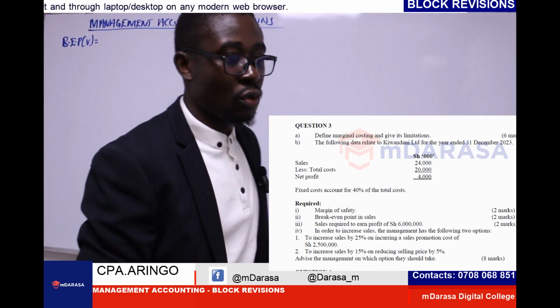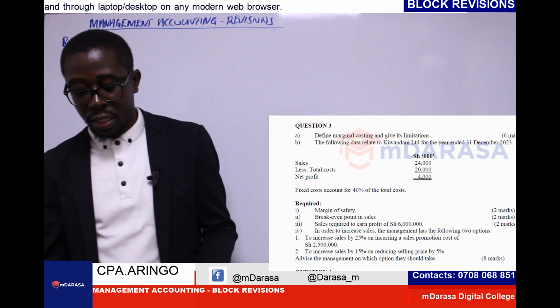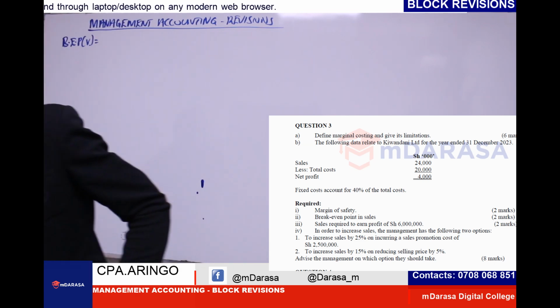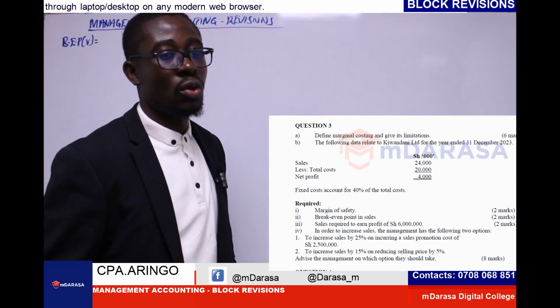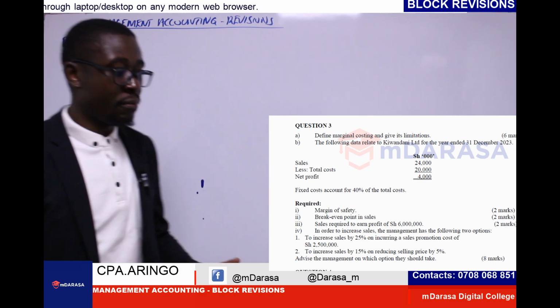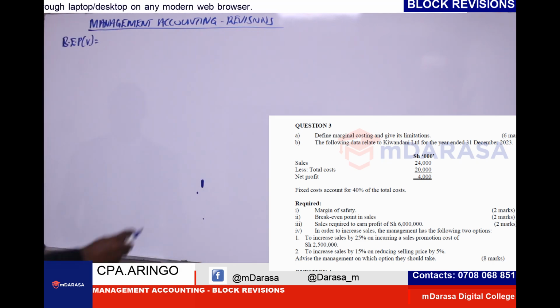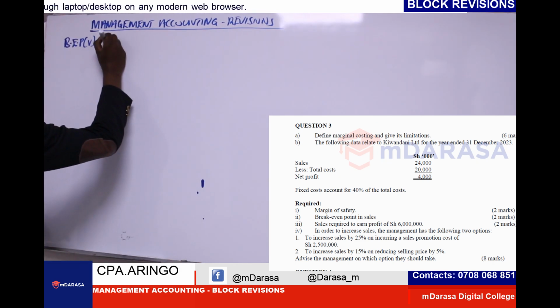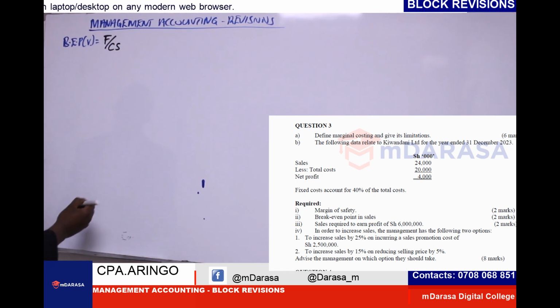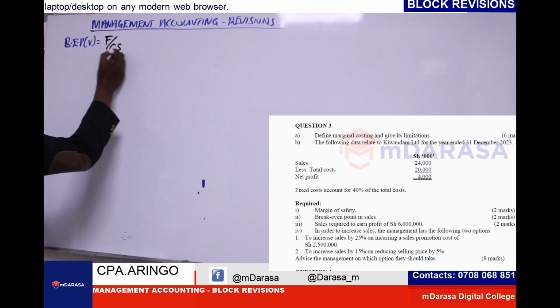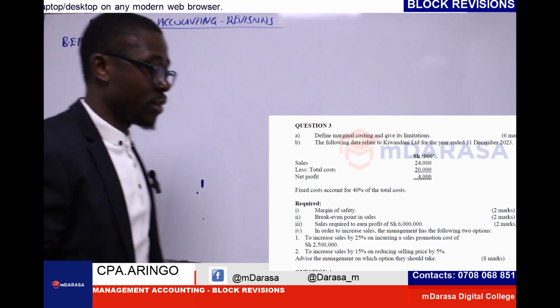In this question, you are not given the number of units, and we are not given the selling price per unit or the variable cost per unit. So the best method to approach here would be the fixed cost divided by our CS ratio. This will be the best method applicable in our question.